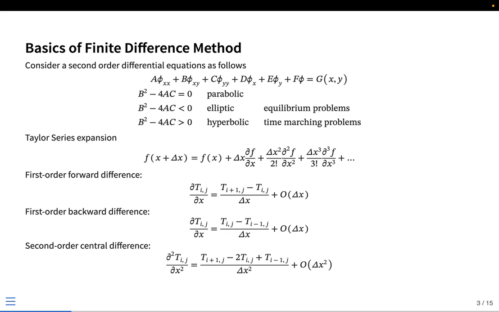So for example, let me share my screen. Let's say I want to approximate del square f del x square. I have different points. Let's say f0 is at x equal to 0, then f1, f2, and so on.